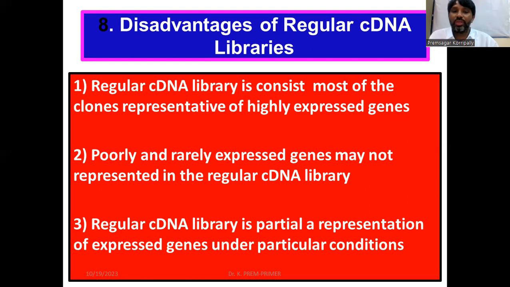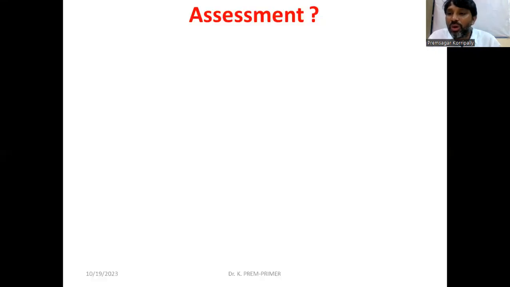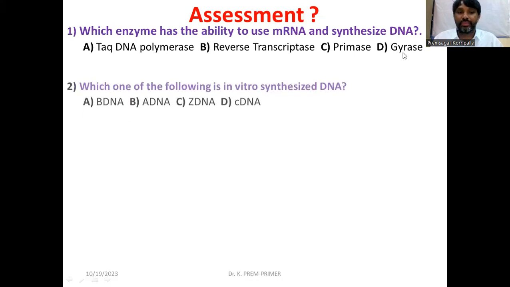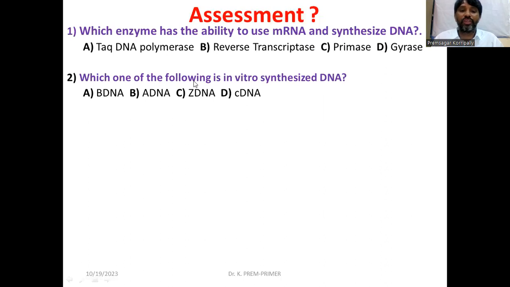This is all about today's class. Now we will go for a small assessment. Don't worry, they're not very tough questions, very simple questions. Which enzyme has the ability to use mRNA and synthesize the cDNA? Options are Taq DNA polymerase, reverse transcriptase, primase, and gyrase. Which one of the following is in vitro synthesized DNA? bDNA, aDNA, zDNA, and cDNA.